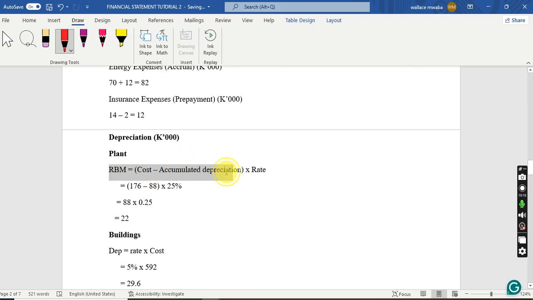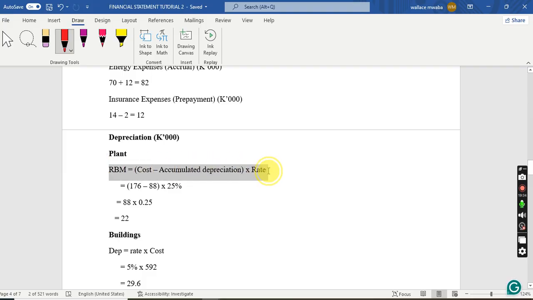So this is the formula for the reducing balance method. Cost minus accumulated depreciation, which is basically the net book value of that asset, times the rate.